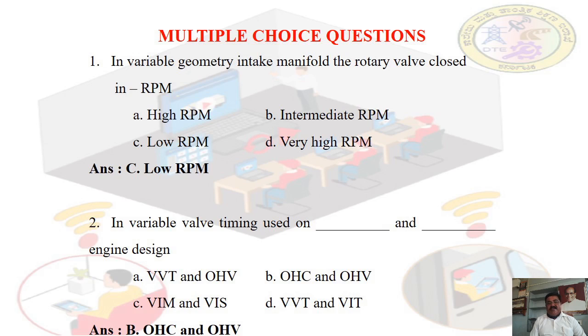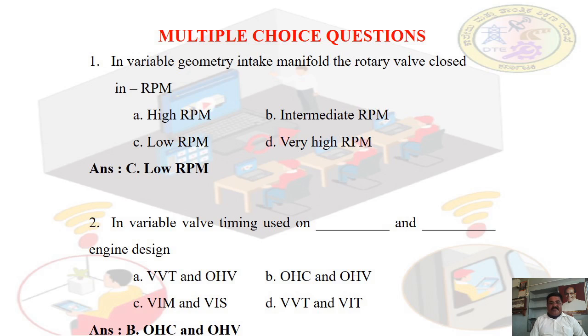Option B, intermediate RPM. Option C, low RPM. Option D, very high RPM. The answer is option C, low RPM, revolution per minute.